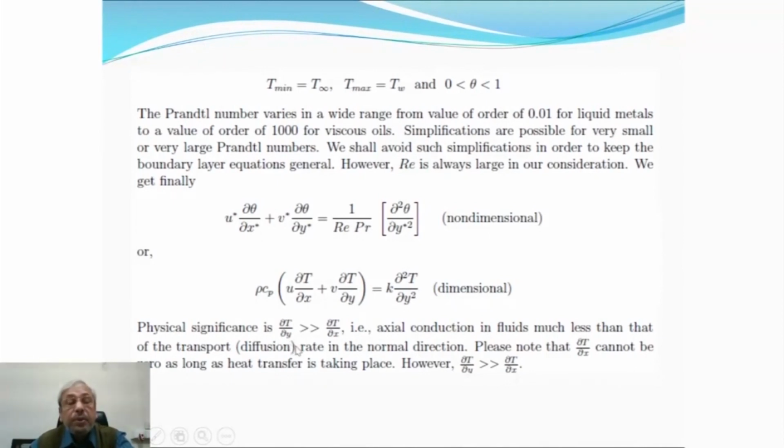It's to be dropped because ∂T/∂y is much greater than ∂T/∂x. That is, axial conduction in fluids is much less than that of the diffusion rate. That means the cross diffusion in the normal direction. So axial conduction in fluids is much less than that of the transport or diffusion rate in the normal direction.